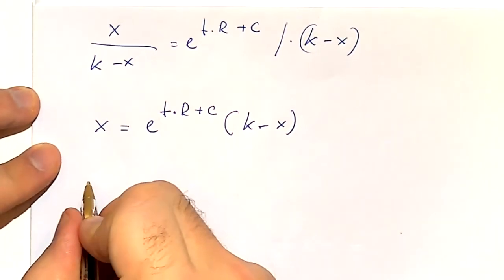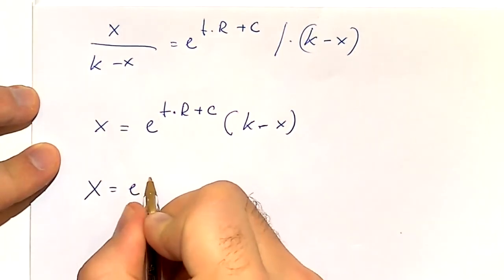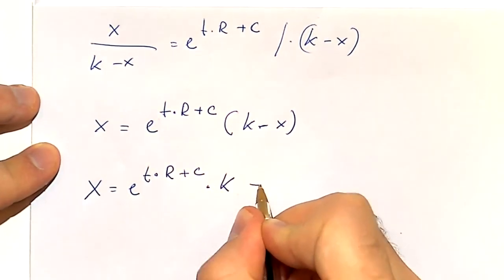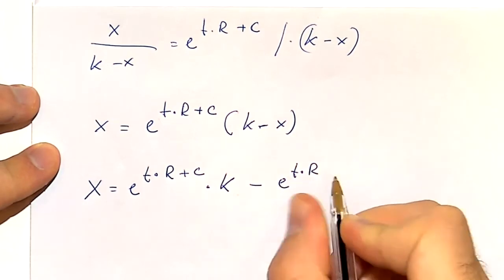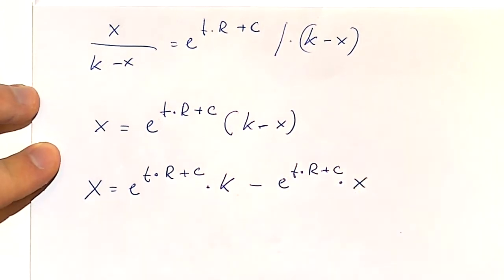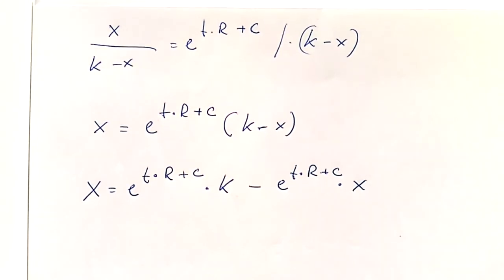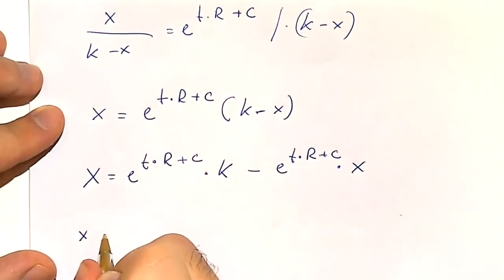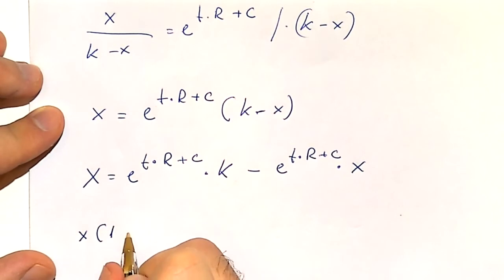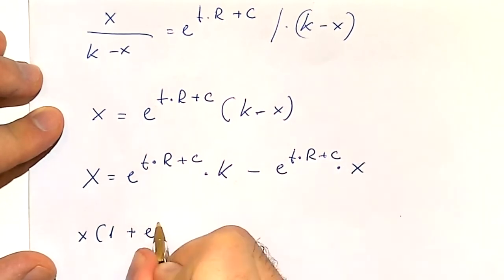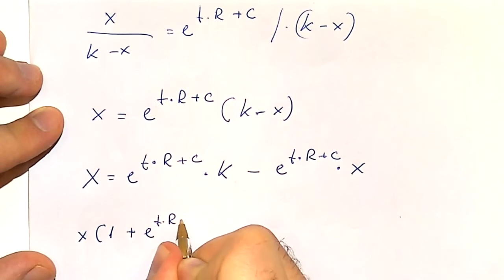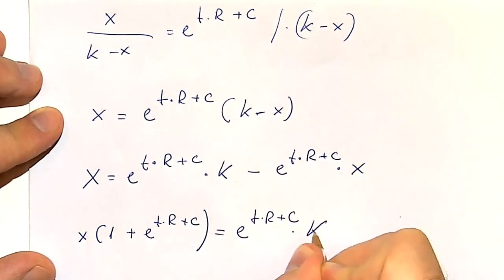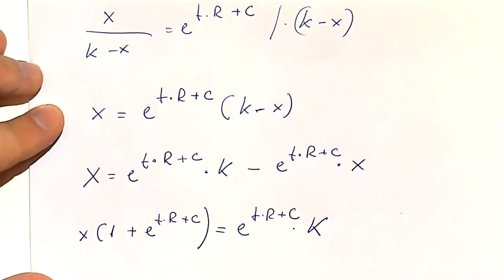So I have x is equal to e to the power of tr plus constant, multiplied by k, minus e to the power of tr plus a constant, multiplied by x. Okay. Now I can just move everything with x to the other side, and I get x times (1 plus e to the power of tr plus a constant) is equal to e to the power of tr plus a constant, multiplied by k.